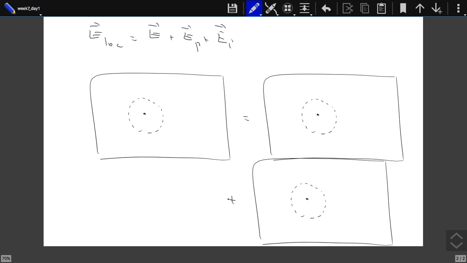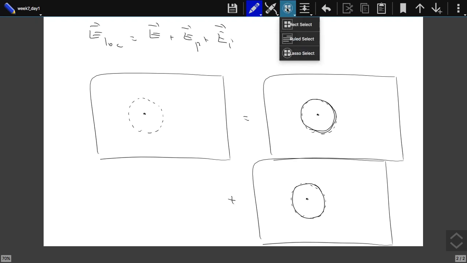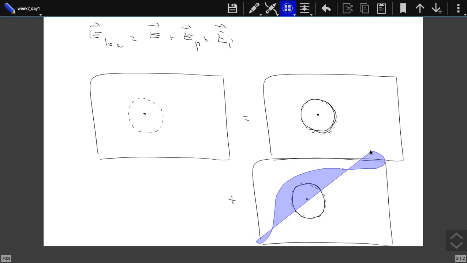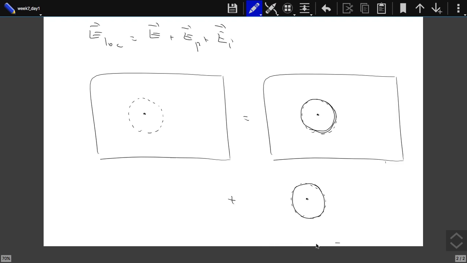The same idea applies here. So this is equal to, we first remove that part, except the atom, and we remove the rest.